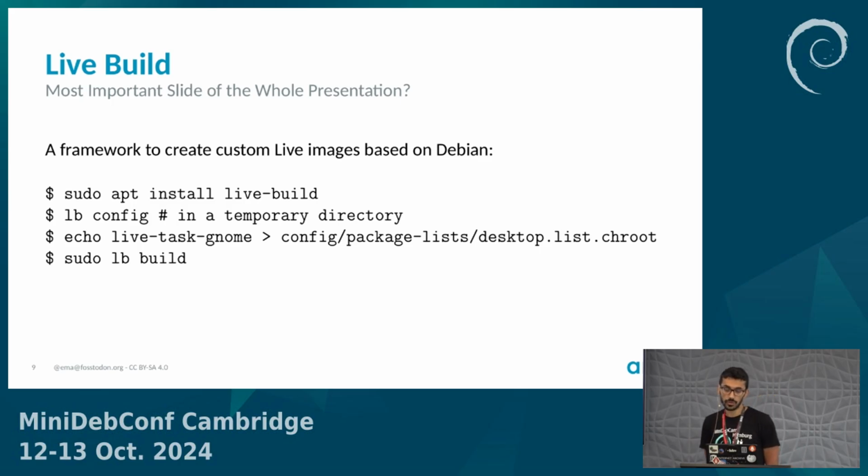You can, of course, be much more specific and only go for a selection of packages that you care about. And then you type lb build, and after a few minutes, depending on your hardware, but about 15, 20 minutes if you build the whole gigantic live-task-gnome, you get your ISO.